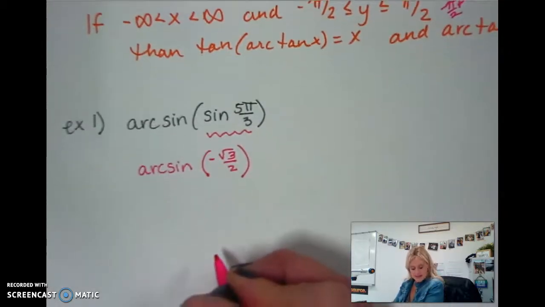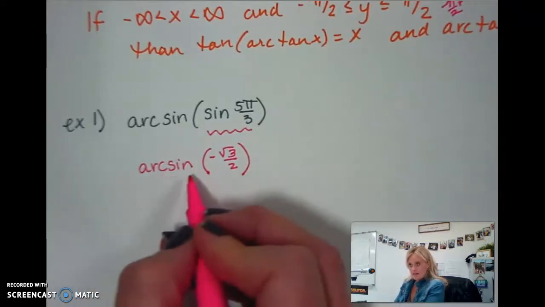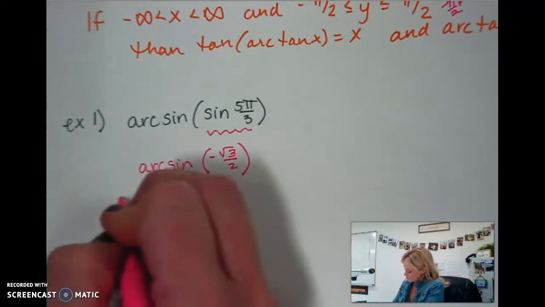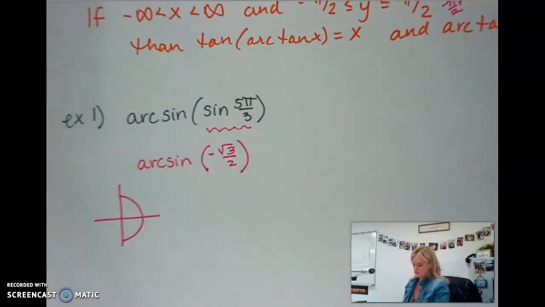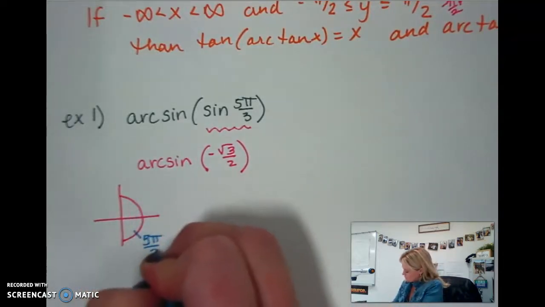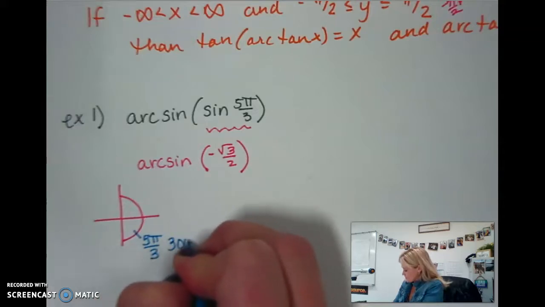Then it is asking us to find the arcsine, or the inverse, of -√3 over 2. Well, remember, arcsine comes from this part of the unit circle. Sine is -√3 over 2 back at 5 pi over 3, or at 300 degrees.